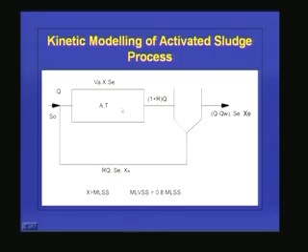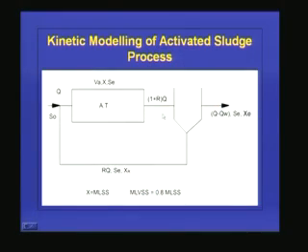That is what is happening here, and here the flow is (1 plus R) into Q, and we will have X and SC as the biomass concentration and substrate concentration. This is the secondary sedimentation tank, and here we will have a sludge wastage of QW. So this is Q minus QW, because QW we will be wasting here, I forgot to put it here, and Q minus QW is the flow coming out, with SC as the substrate concentration or BOD, and XC as the biomass concentration.